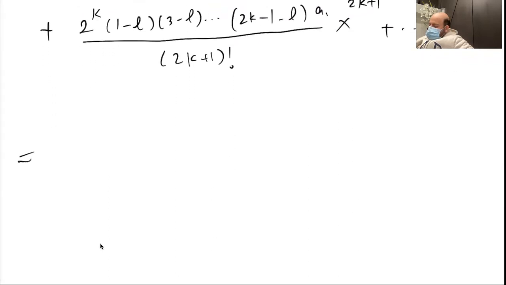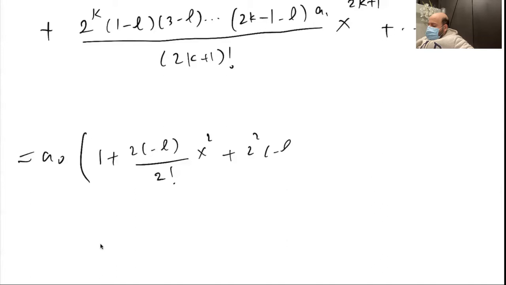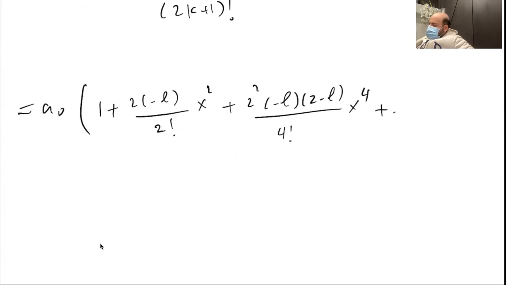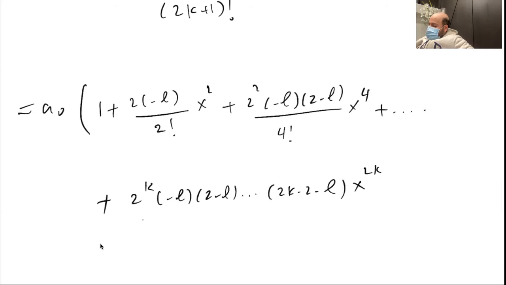Then I can write it as a0 times 1 plus 2 times minus L over 2 factorial x squared, plus 2 to the power 2 minus L, 2 minus L, over 4 factorial x to the power 4, and then all the way to 2 to the power k minus L, 2 minus L, 2k minus 2 minus L, x to the power 2k divided by 2k factorial.